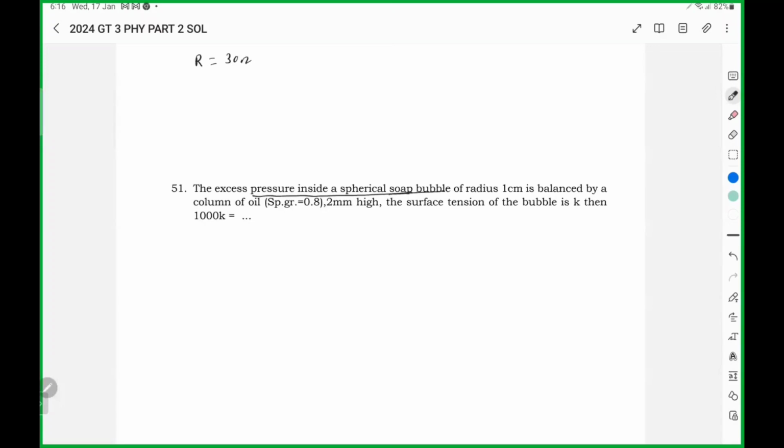Whenever a soap bubble is there, excess pressure is 4T by R, which is balanced by a column of oil, specific gravity 0.8, 2 mm high.